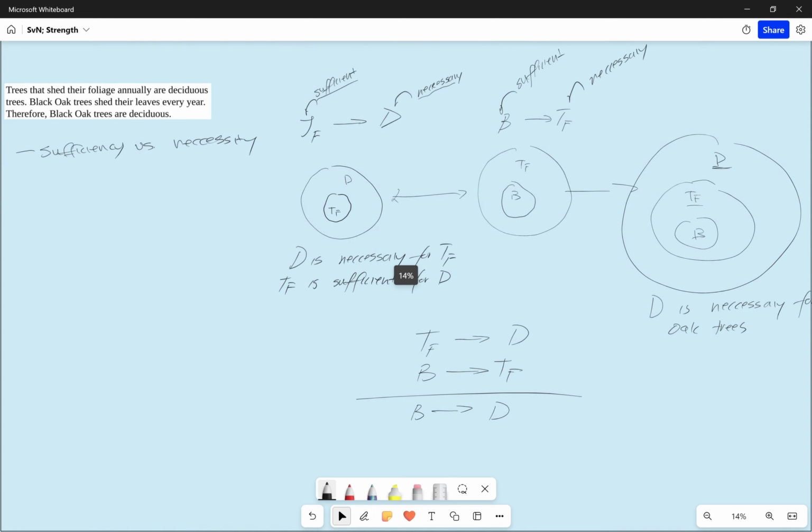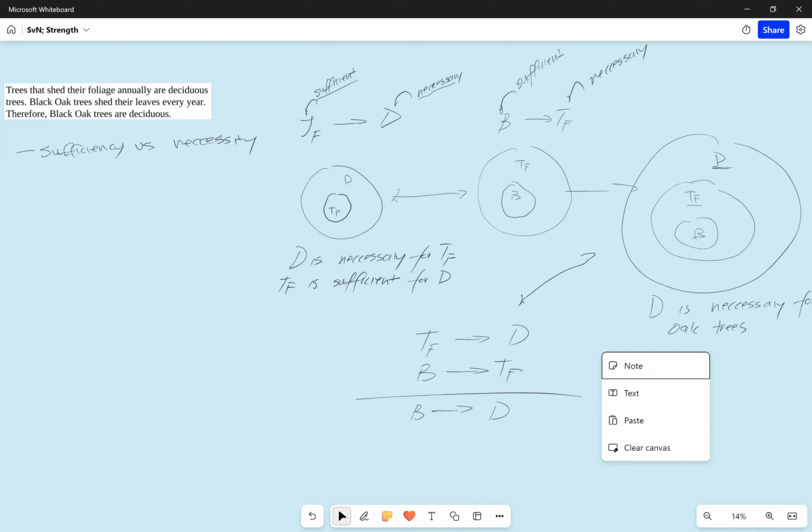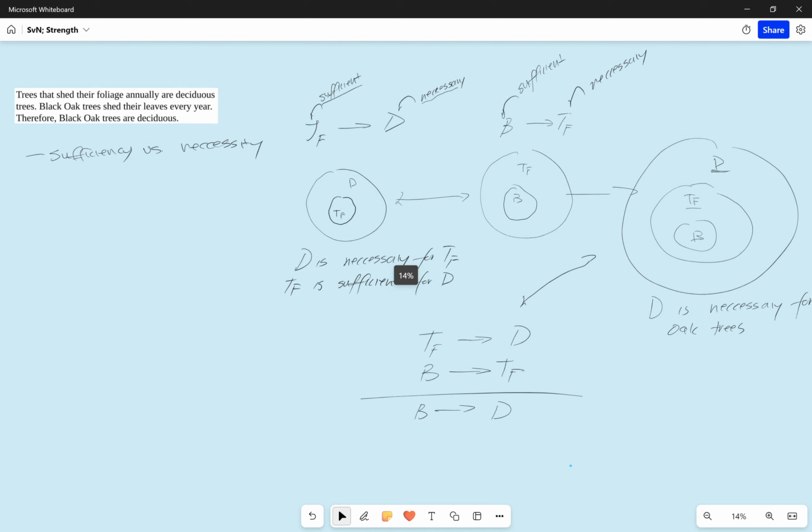Now, you see why this is a strong argument in two different ways that really solidify the idea of strength and validity in an argument: through a subset and superset diagram and through a basic logic or arrow diagram.